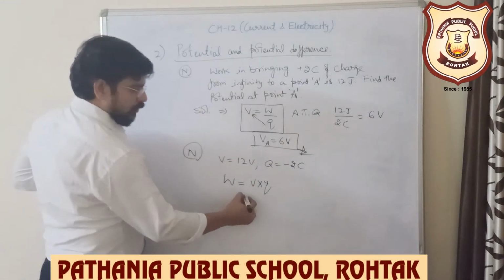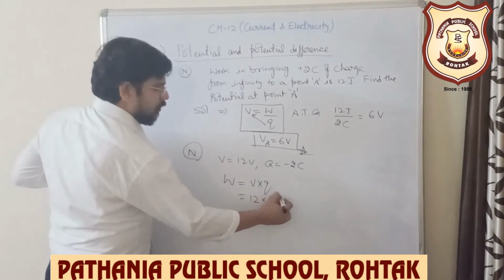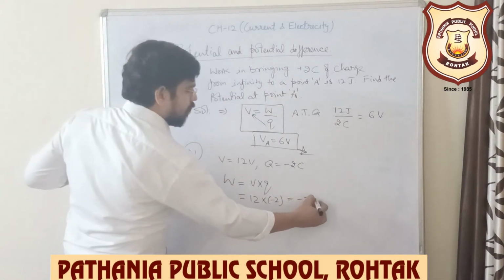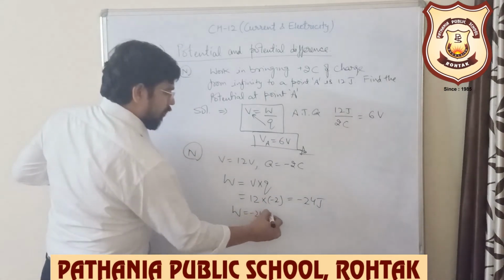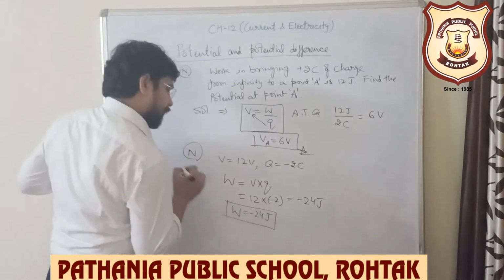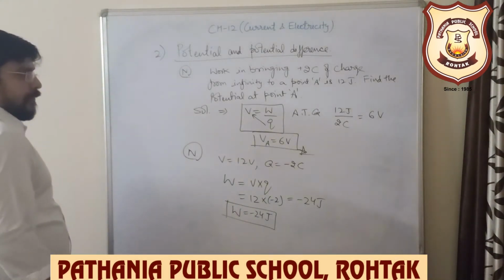It is simple. So now you can find out work by multiplying voltage with the charge. So in this case, minus 24 joule is going to be the work for bringing the charge from infinity to a particular point. Okay.